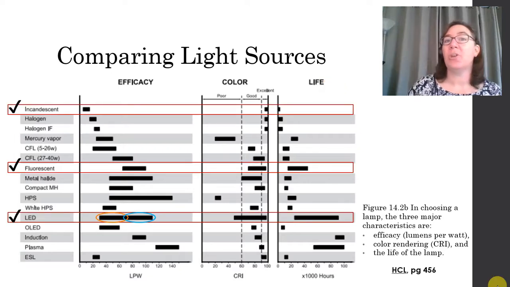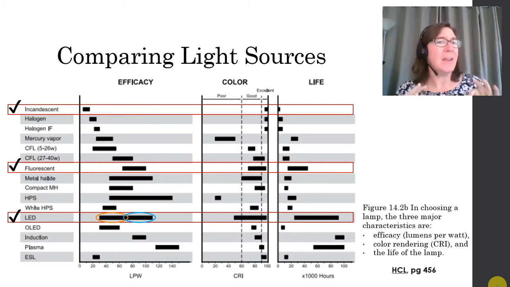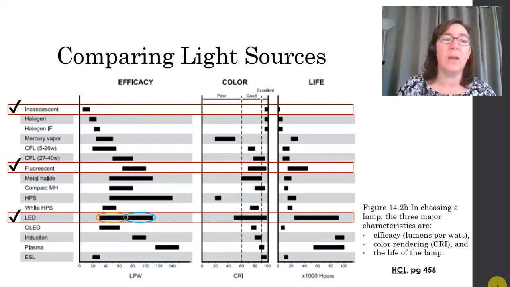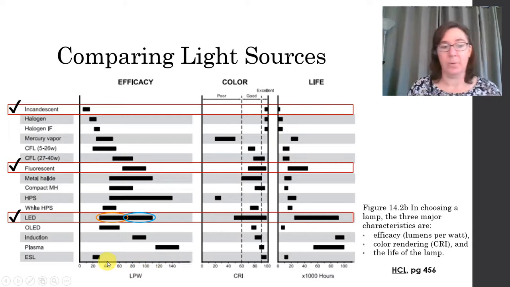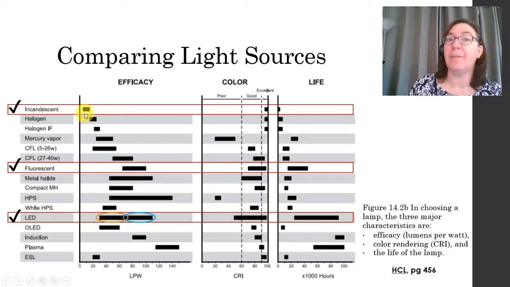Although this chart is comparing many different types of light sources, let's zoom in on the incandescent, fluorescent, and LED light sources that we've been talking about in this lecture. Taking a look first right here at the incandescent light source, you can see that it measures very low on the efficacy scale. Higher is to the right and lower is to the left, and the incandescent is the lowest efficacy light source.